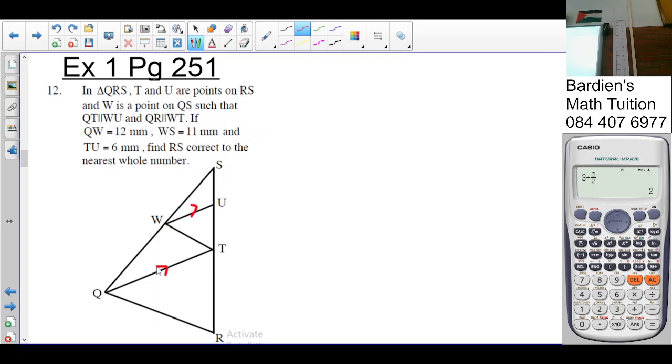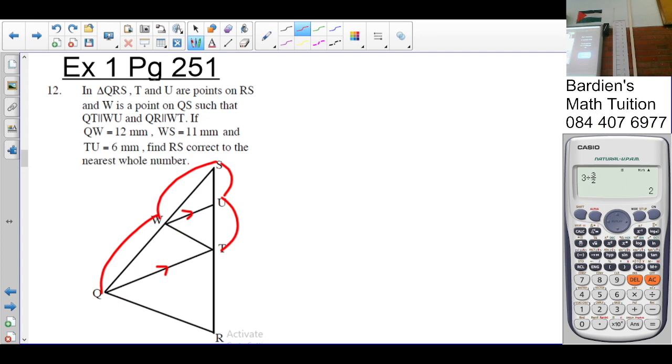If that is the case, what can we conclude? We can conclude that SU over UT is equal to SW over WQ. Okay?